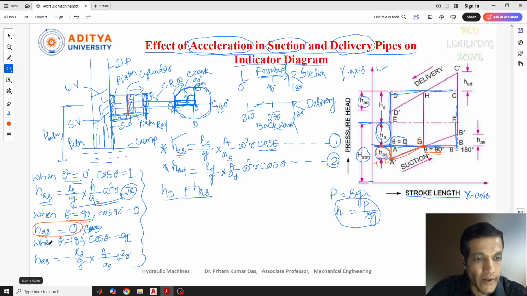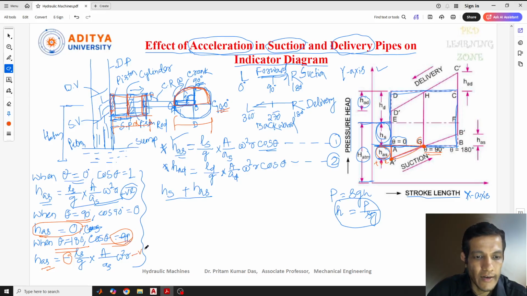The next one is when theta equal to 180 degree, that means when the piston reaches the right side fully. So how much total distance is covered here? X. The total one stroke is covered here, half of the revolution completed from 0 to C, 180 degree. For 180 degree, what is the value of HAS? We got some negative value because cos theta equal to -1, we got cos 180.